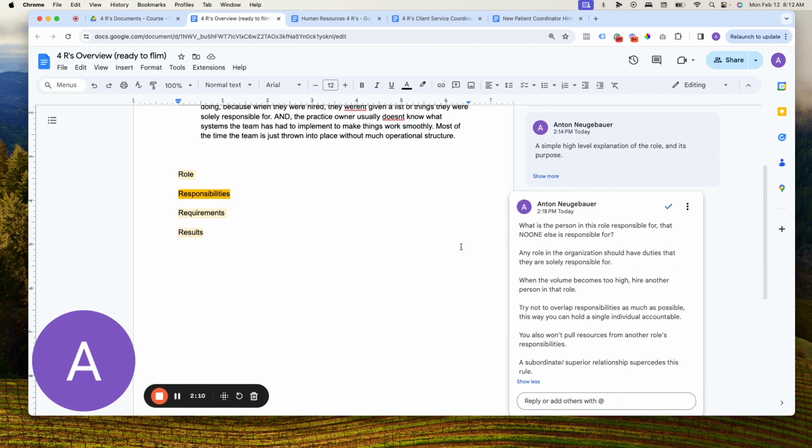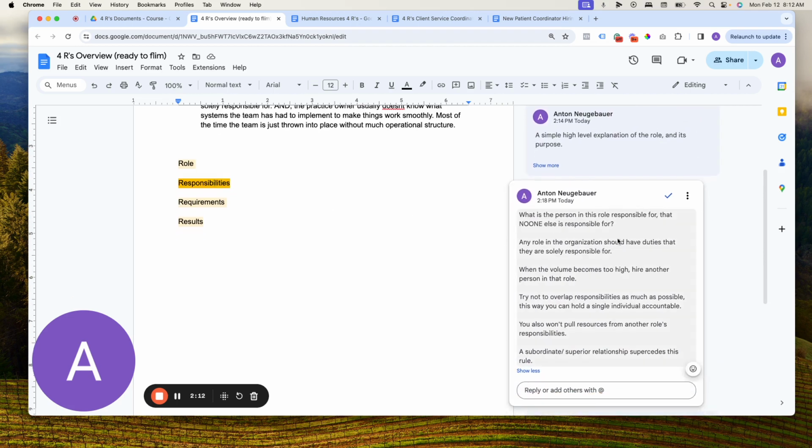Responsibilities. What is this person in this role responsible for that no one else is responsible for? Any role in the organization should have duties that they are solely responsible for. When the volume becomes too high for that role, you can hire another individual for that role. Try not to overlap responsibilities as much as possible.